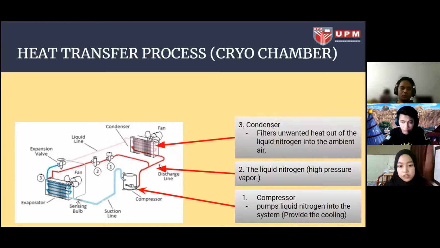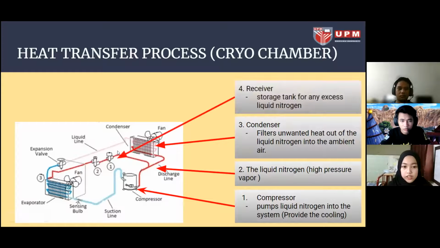In the condenser, the unwanted heat is filtered out of the liquid nitrogen into the ambient air. So now the liquid nitrogen becomes cool because the condenser has removed the unwanted heat.